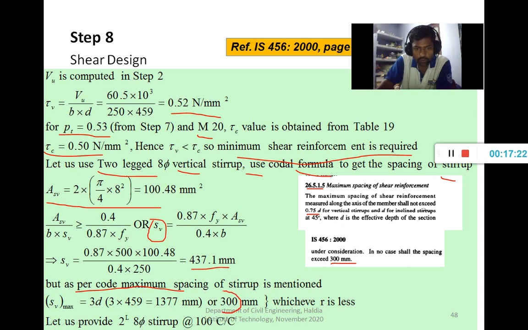So you can use 300, but to get better confinement, we use another standard spacing we have considered. So that is provided two-legged 8 phi for better confinement. We use the lesser spacing, that is 100 center to center. Although it comes to 300, we provide 100 center to center.